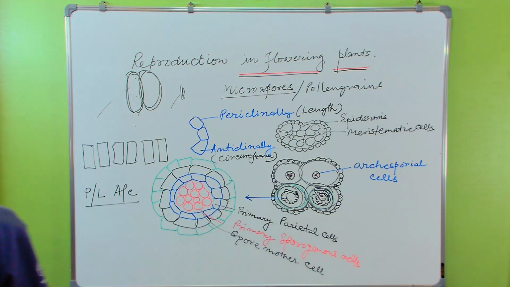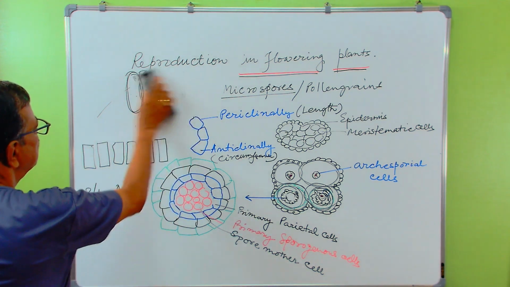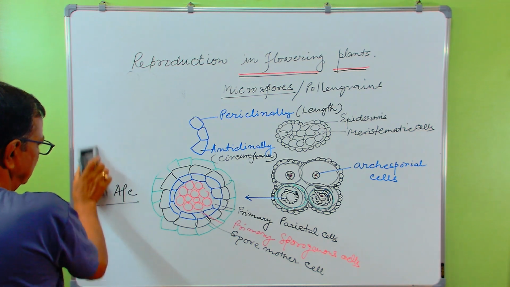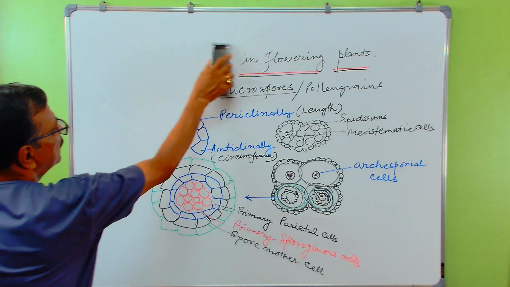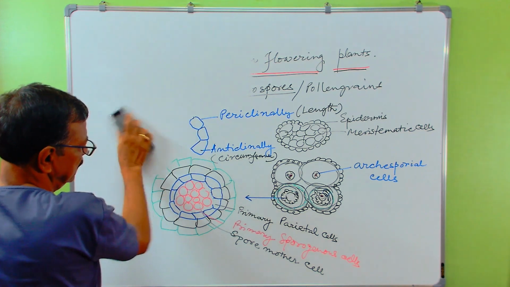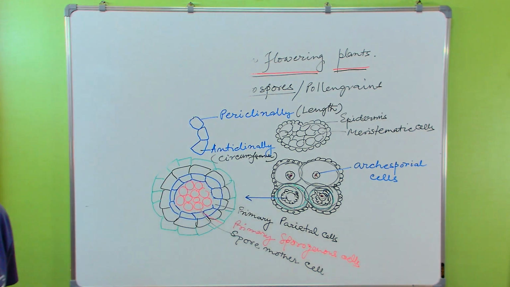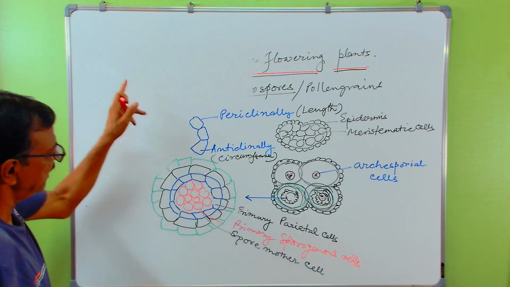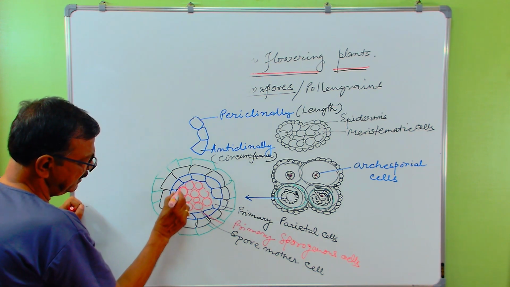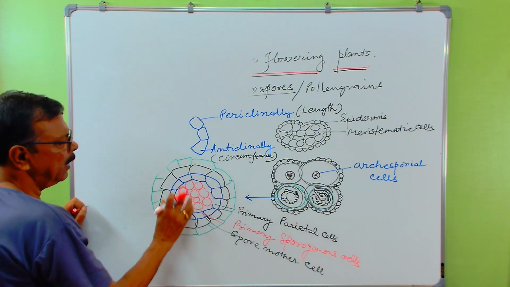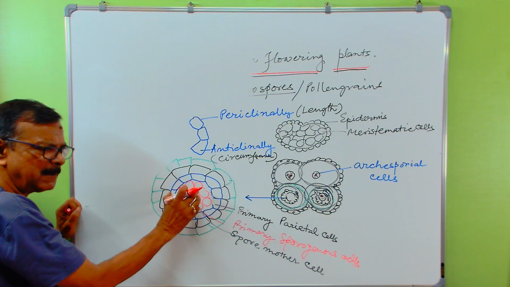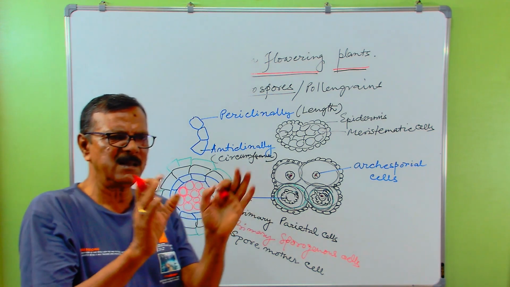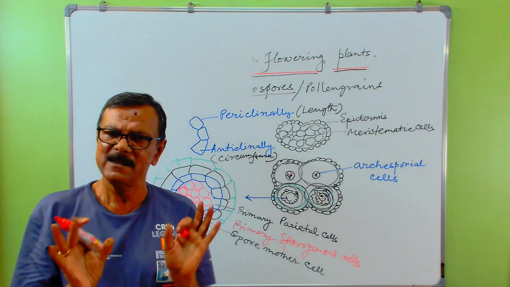Now, this I am taking it out. Either it acts as a spore mother cell, or many cells can be formed, and each individually functions as a spore mother cell.